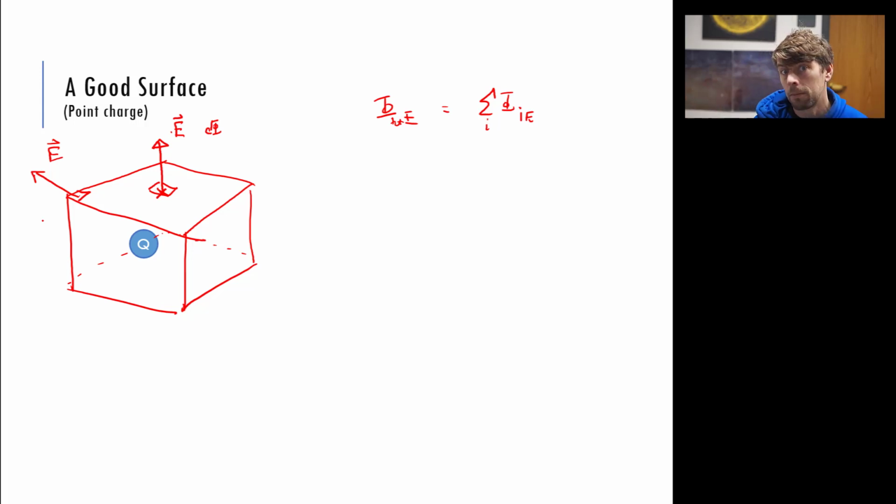If I think about my flux calculation for the top surface, being the electric field dotted into the area elements, I notice immediately that this dot product is going to become particularly arduous. The n hat is perpendicular to the surface, away from the interior.